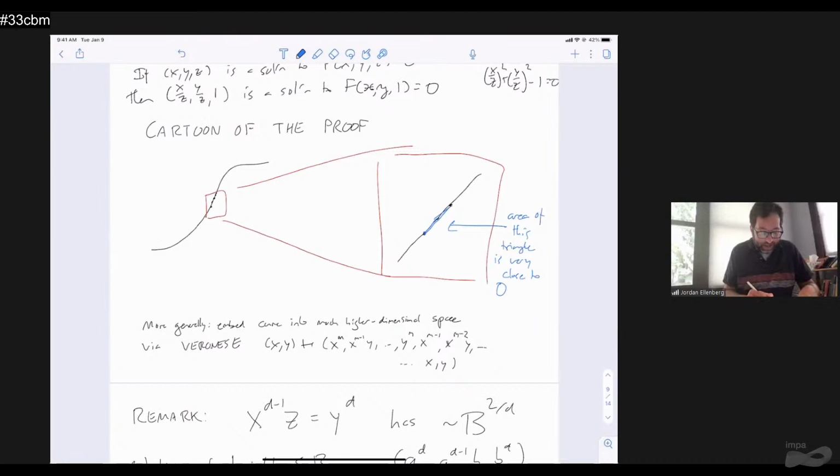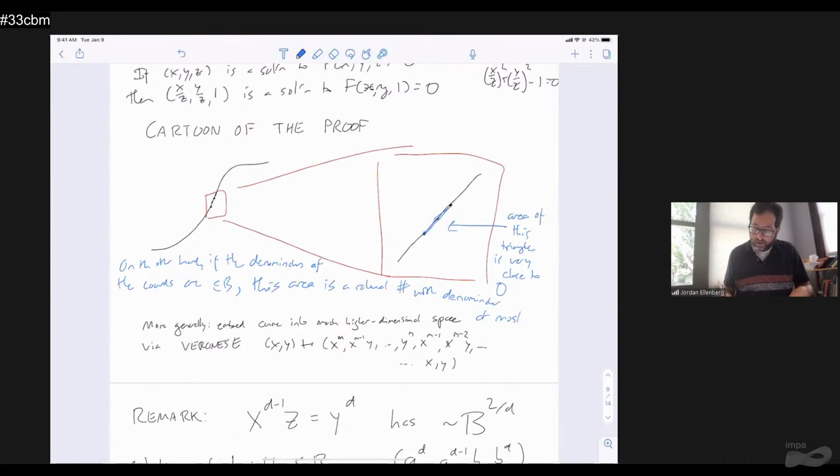On the other hand, if x, y, and z are all less than capital B, what we call a low height point, then the denominators in these fractions are at most B. So on the other hand, if the denominators of the coordinates are at most B, this area is a rational number with denominator at most, okay, I think it's B squared.